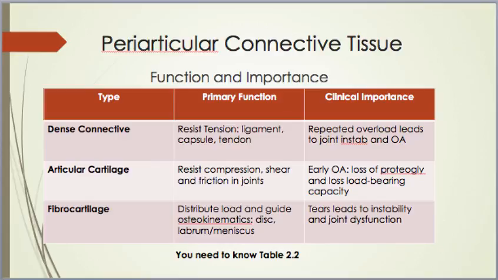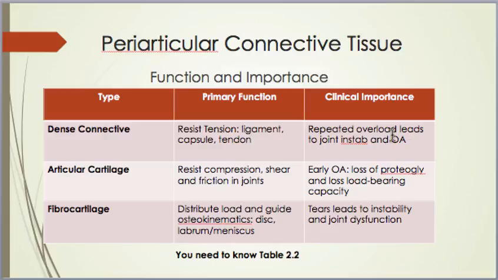And our fibrocartilage distributes load and guides osteokinematics, whether that's the disc, the labrum, or the meniscus. The clinical significance of them, clearly, is that if a joint capsule is torn, we have joint instability. If we have a partial tear, it can also lead to relative instability in the joint, and eventual osteoarthritis.